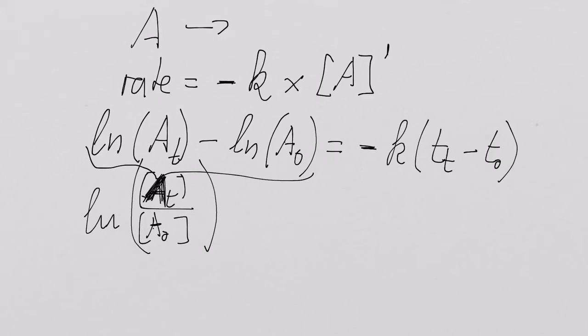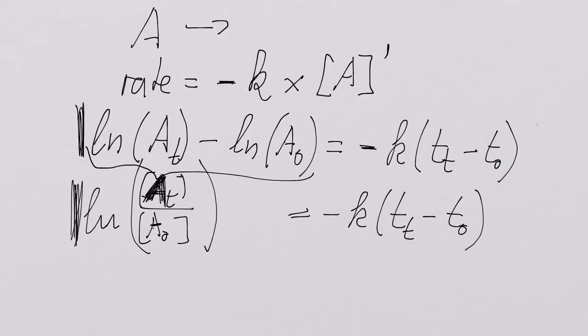So you would have to calculate At, the concentration when we are interested in it, divided by our starting concentration, and then form the ln of that, equals minus k times t minus t0. So this equation here is the same as this equation, just a little bit simplified.